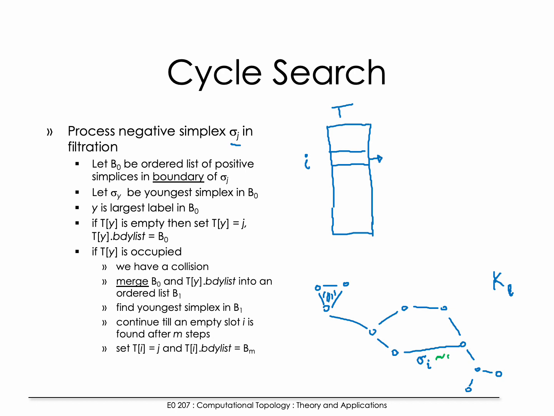So this is, let's say, 18. My count may be wrong, but that's okay. So let's start with this edge. Let's call it 18. Let's say the edge sigma sub I was inserted as the last simplex to obtain k sub L. We already see that sigma sub I is a positive simplex. It creates the cycle here, the cycle that looks like a pentagon. So sigma sub I is a creator.